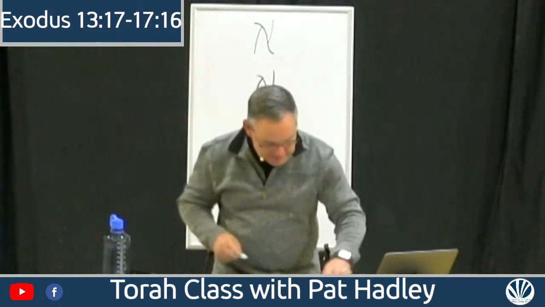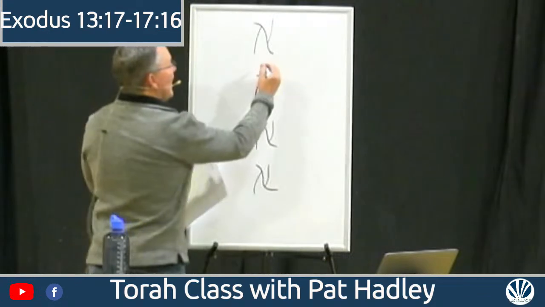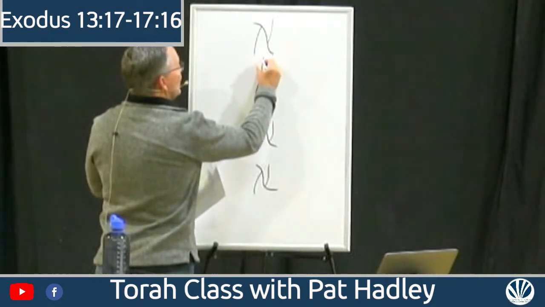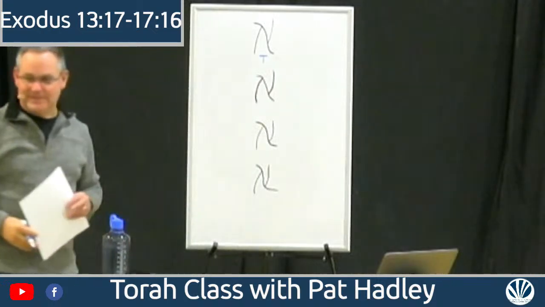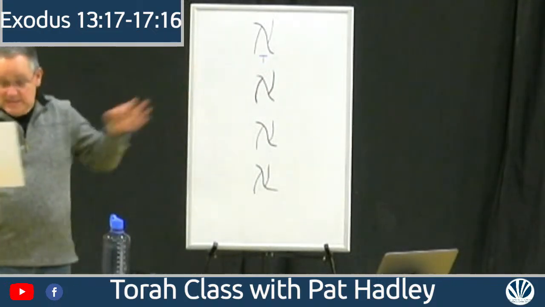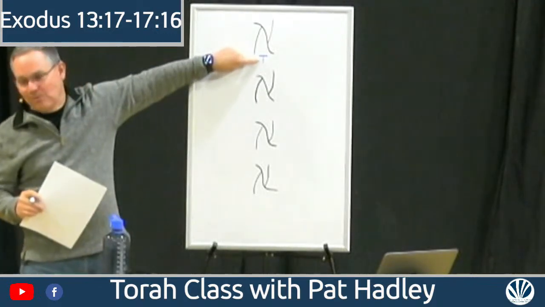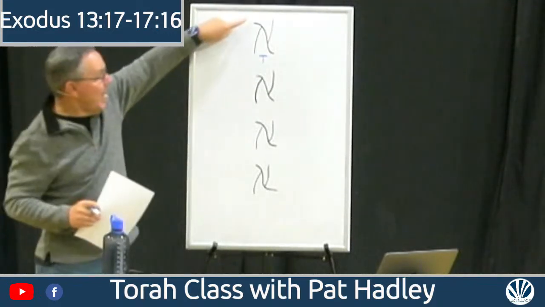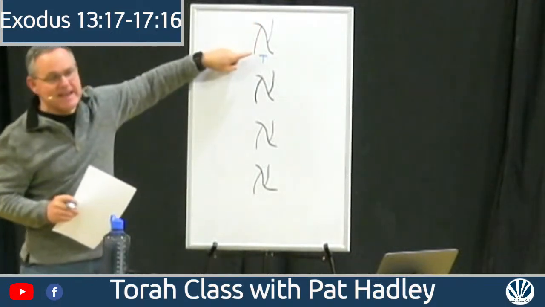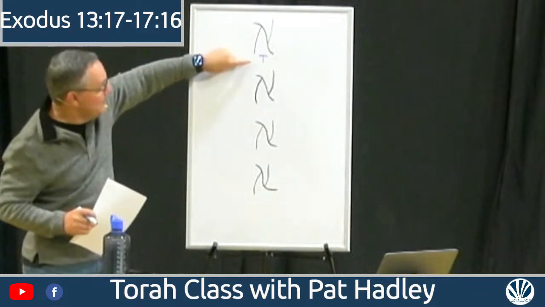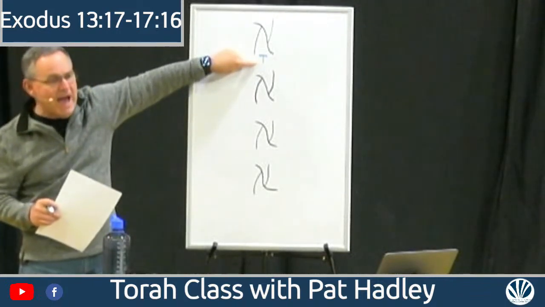So here's what we're going to do. Under the Aleph, right there, I'm going to make a little mark that looks like a T. See it there? And that's what's on here. That's the vowel. The Aleph is the main letter, the consonant, if you will, but the little mark right there is the vowel.